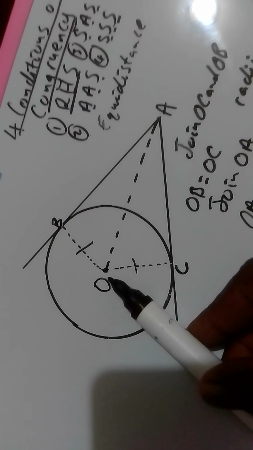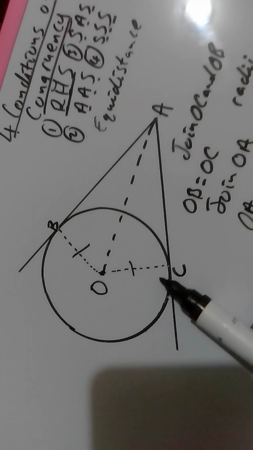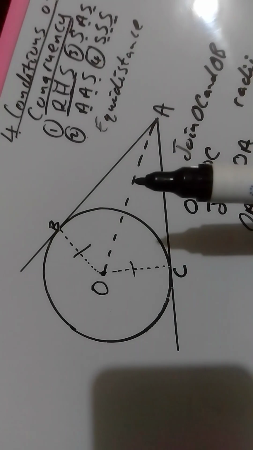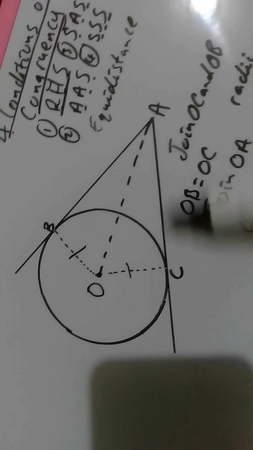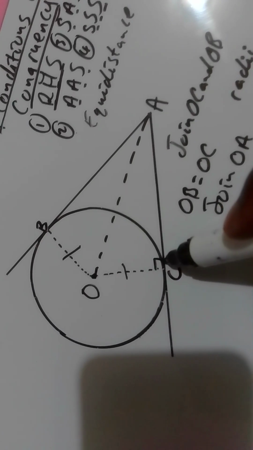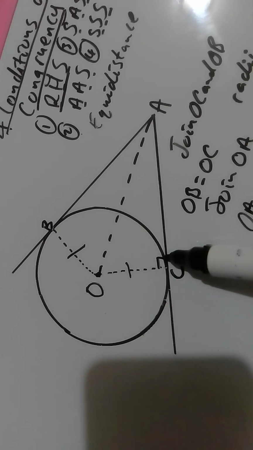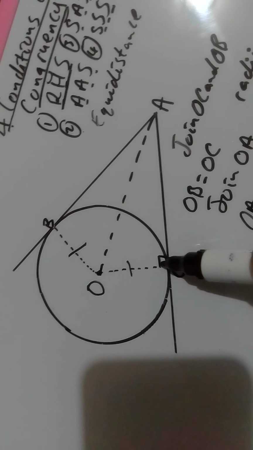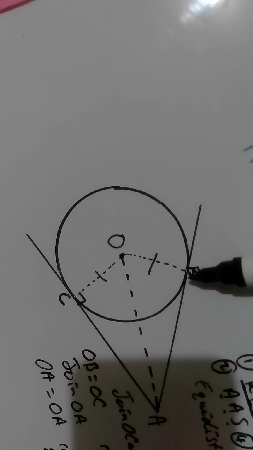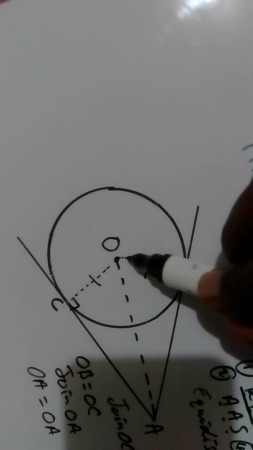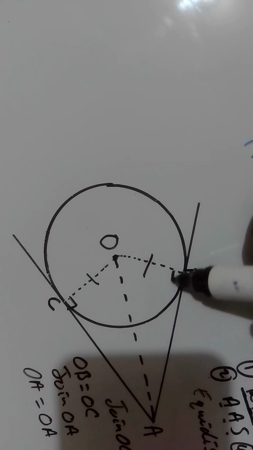Now, there's one thing which I didn't mention after constructing these radii. Remember, from the center to the circumference, this is radius. And I've got a tangent. And in our previous theorem, we were talking about the fact that a tangent and a radius are perpendicular. I mean to say that here we've got 90 degrees. There is our right angle, right? So if angle C is equal to 90 degrees, it also means that angle B is equal to 90 degrees, because it is also a tangent, which is perpendicular to the radius.